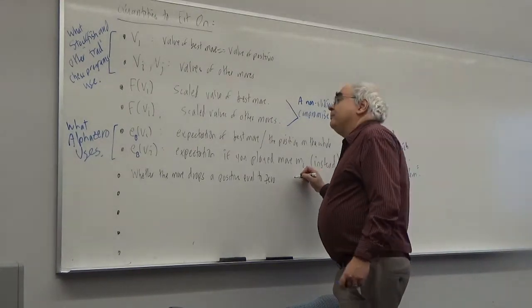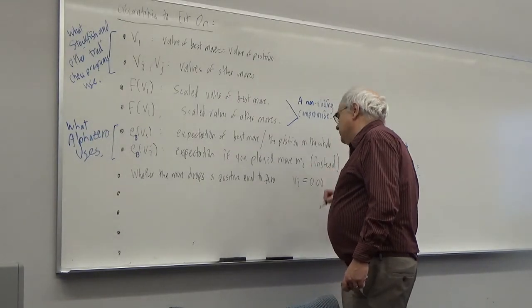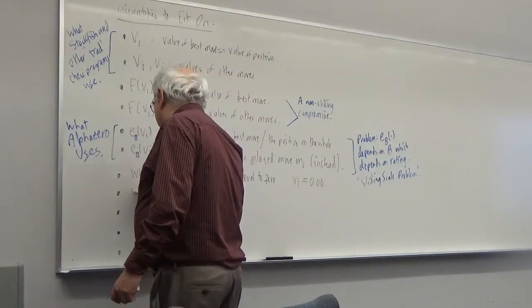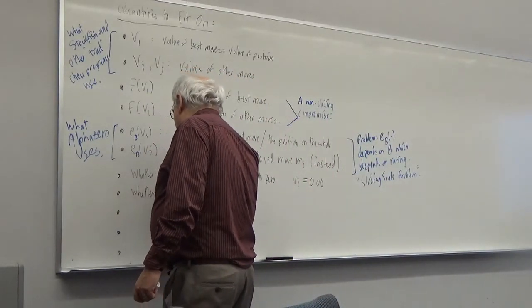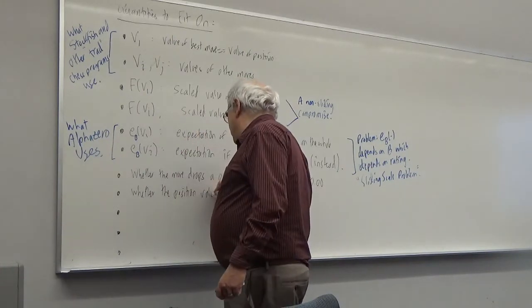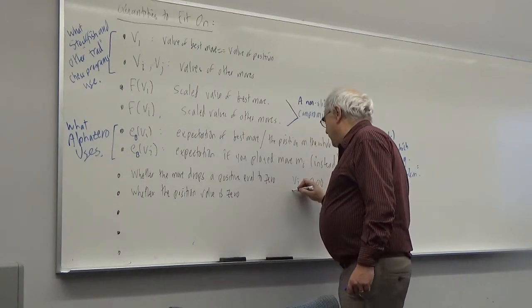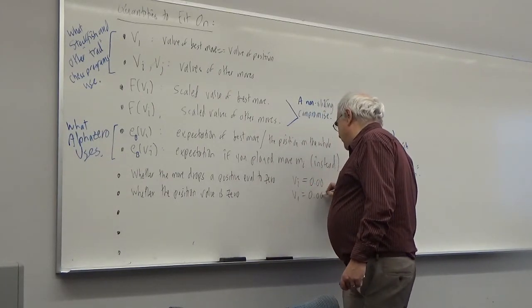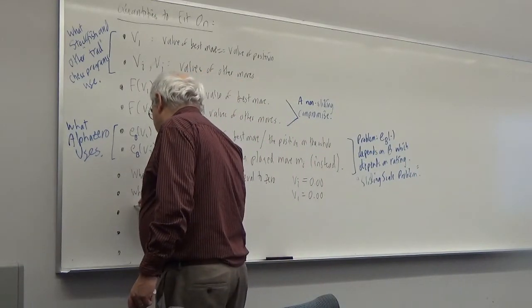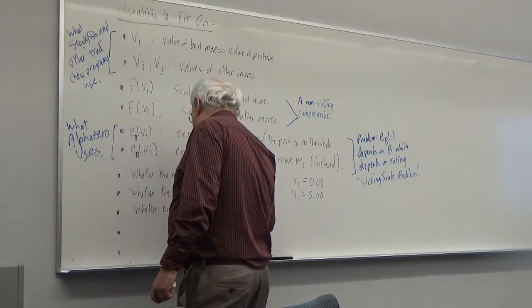So this is Vi equals 0.0. Okay. Then there's whether the position value is 0. Okay, so that's V1 equals 0.00. And then there's both of the above.